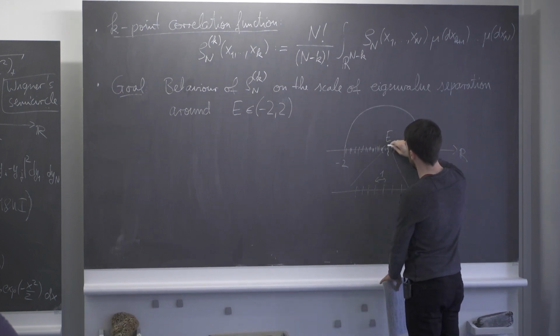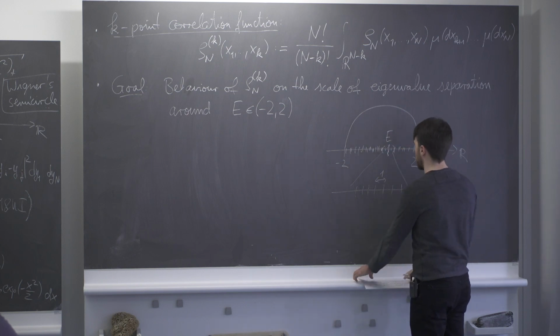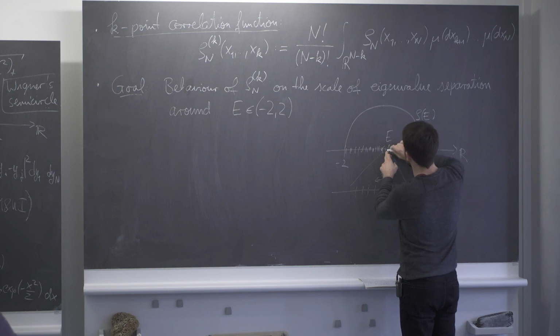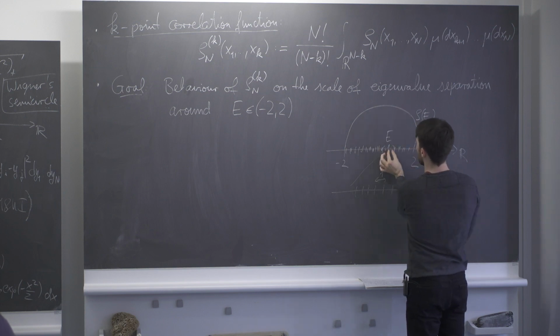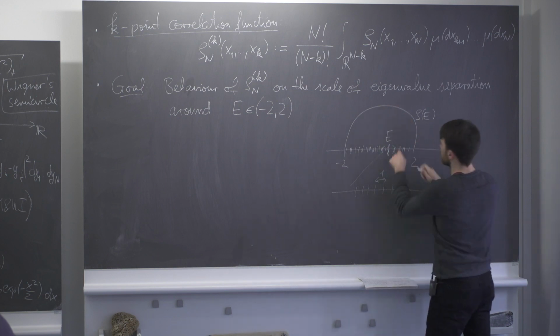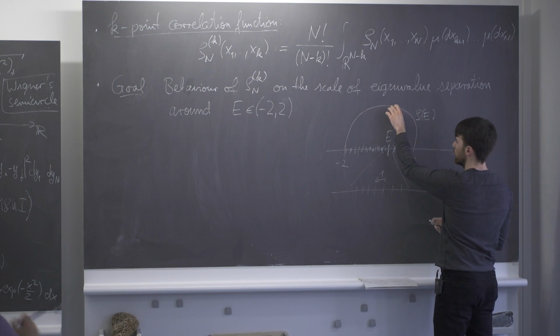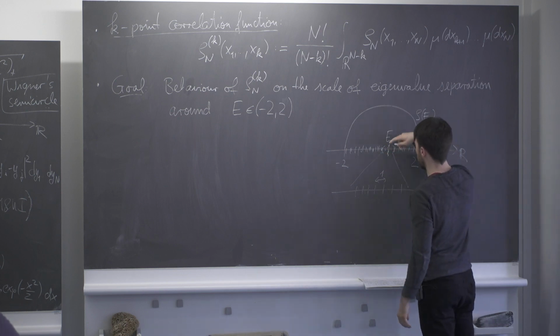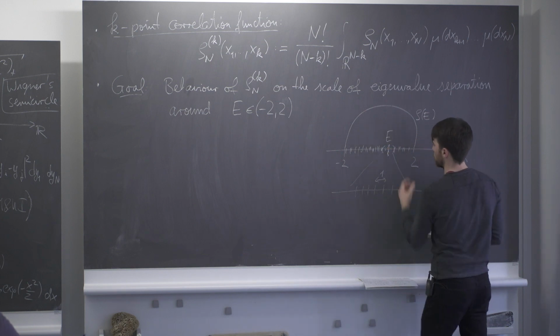Well, the right spacing in this scaling looks like this: in order to go from one eigenvalue to the next, if you have this density rho e here, then I think it's somewhat clear that if n is very large, then you have to compare the area in a small rectangle. And what will this area be? Well, it will be the height rho e times the n, because you want to have just one eigenvalue.